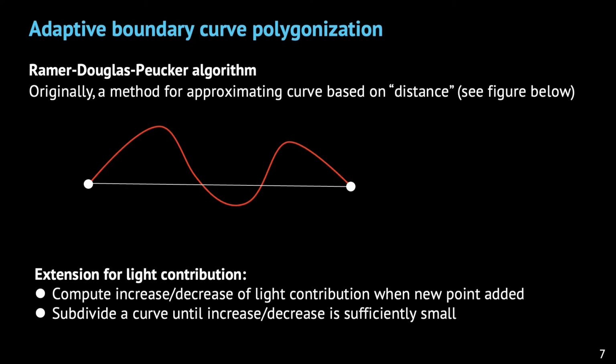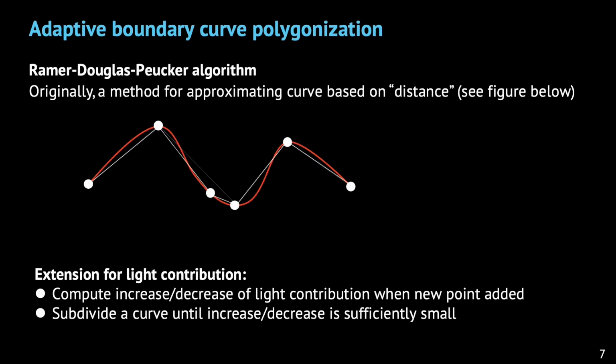So we calculate the area of the projected figure numerically, but in the proposed method, we employ an adaptive boundary polygonization based on the classic Ramer-Douglas-Peucker algorithm to reduce the computational cost. As many of you know, this algorithm is for approximating a curve with a polyline. Please see the animation in this slide.